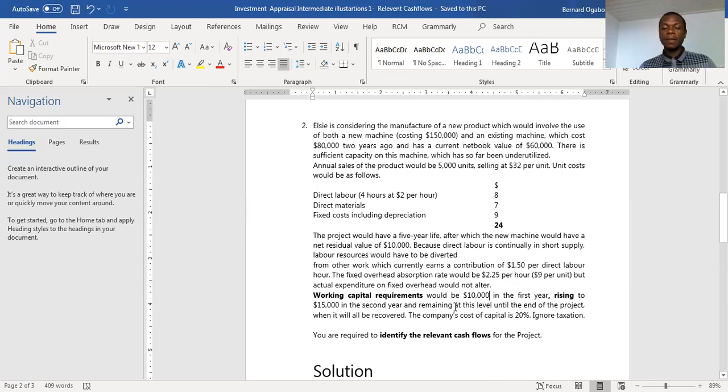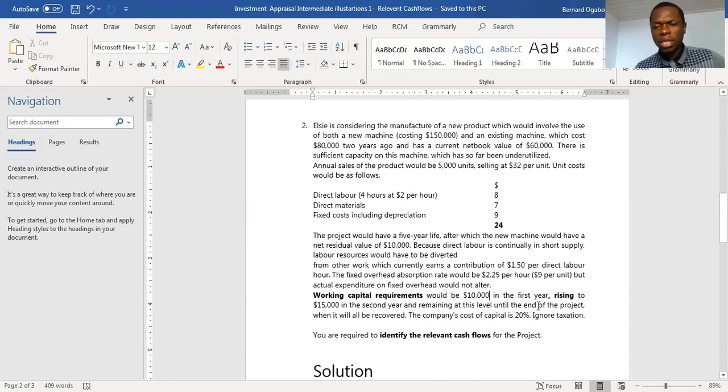So the 10,000 in the first year will be treated as cash outflow occurring in year 0, and the additional 5,000 occurring in the second year will be treated as working capital requirement arising in year 1. We pick the one of year 1, take it to year 0, the one of year 2, take it to year 1. If you don't do it this way, you will mix up your relevant cash flow, and it will affect what you'll be using for estimating the viability of the asset.